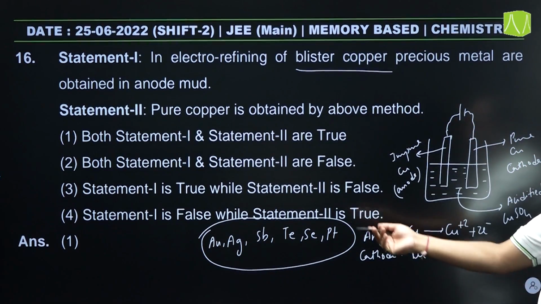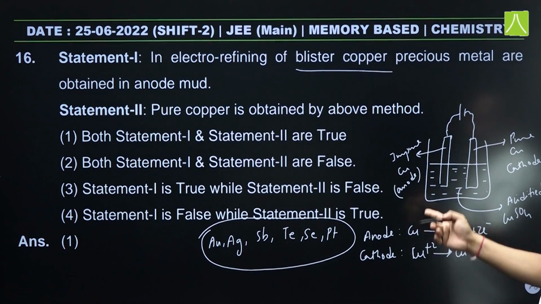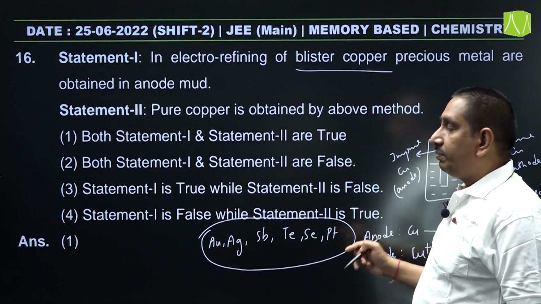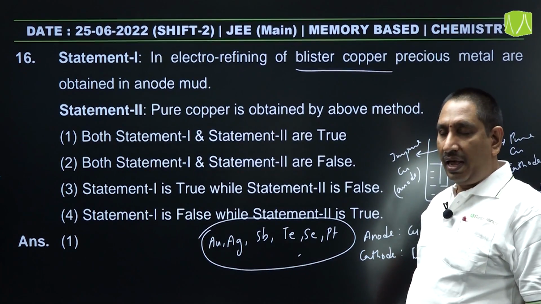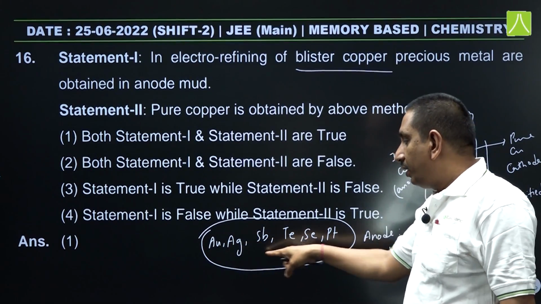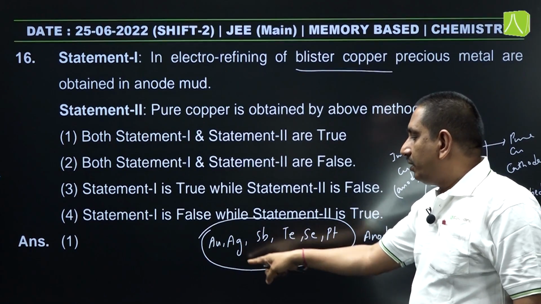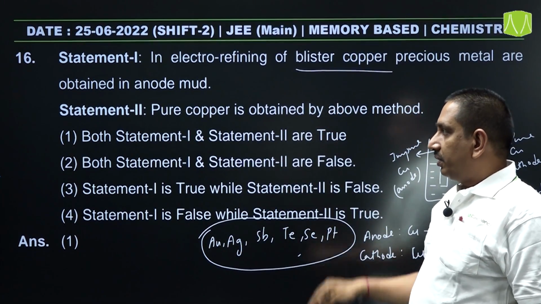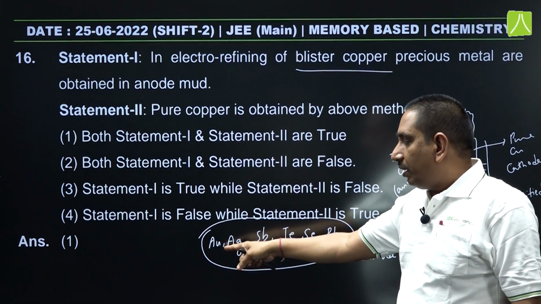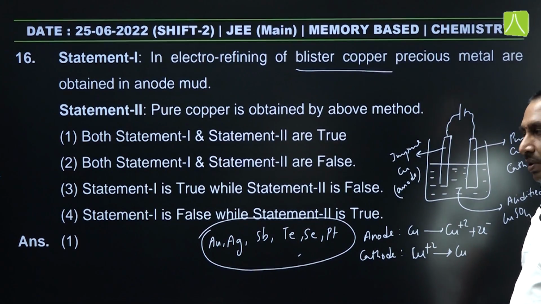The precious metals, gold, silver, platinum, are recovered, and by their recovery the cost of this refining is balanced. You can remember this as 'आओ आज सब टीचर से पीटे'. This way you can remember all the metals of the anode mud. Which metals come as impurities in the anode mud? That is gold, silver, antimony, tellurium, selenium, platinum.